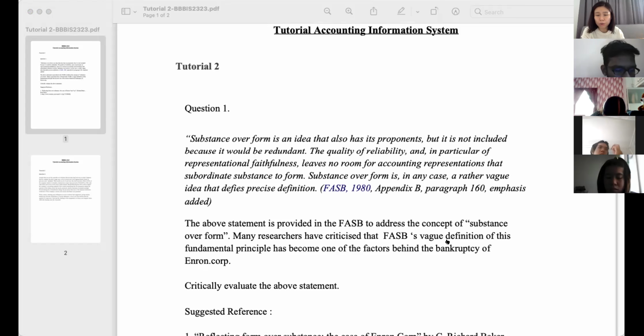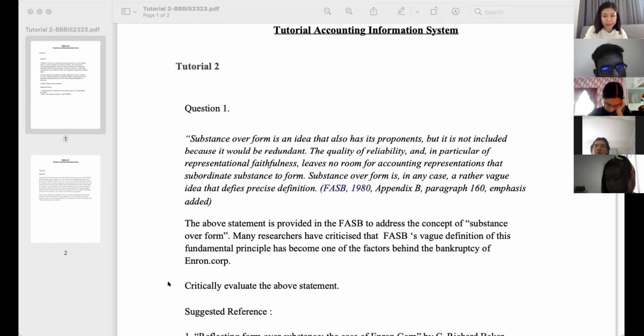And then after that, you can discuss among yourselves how to structure your presentation. So I give you two references. These are journals where they do research on this case. It will help you to answer the question. And if you feel it is not enough for your understanding, you can always look for more.